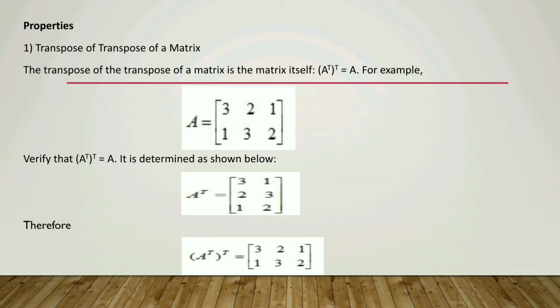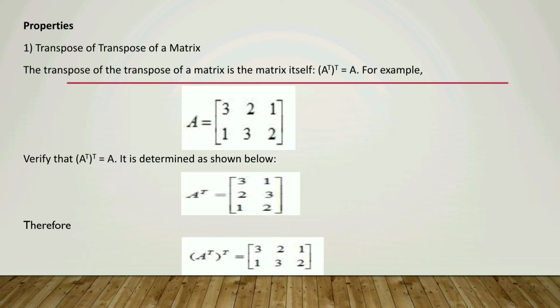Now, properties of the transpose of a matrix. First property is the transpose of a transpose. The transpose of the transpose of a matrix is the matrix itself. That is, (A raised to T) raised to T equals A. For example, here A equals [3, 2, 1; 1, 3, 2].